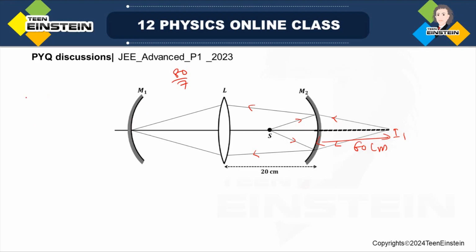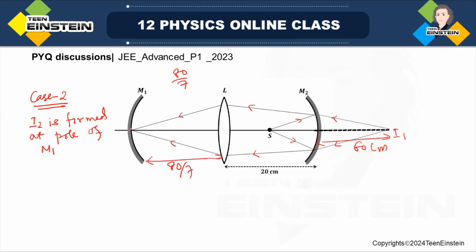If I say case 2, I2 is formed at the pole of M1. Then see how we get the final image formed here. This is now 80 by 7, the whole distance, because I2 is formed here. Now these rays will be reflected by M1. See, they will be interchanging.